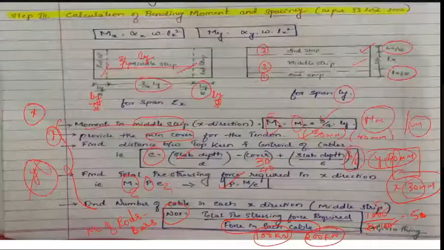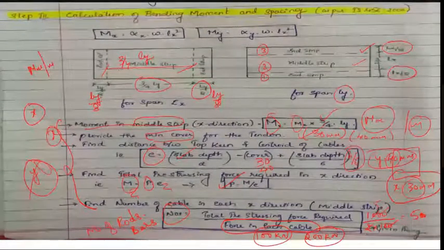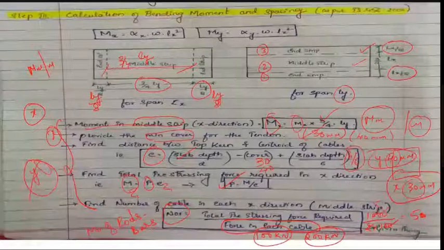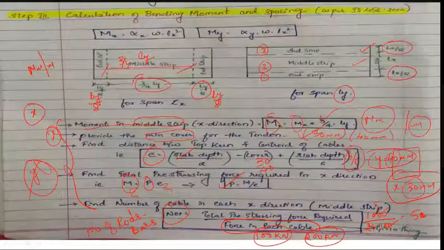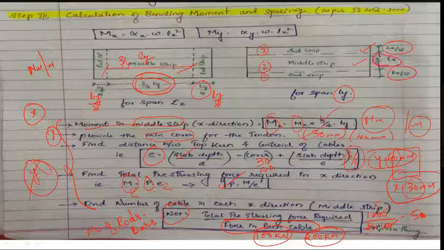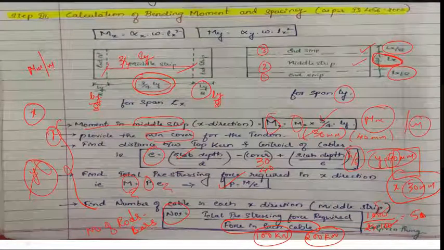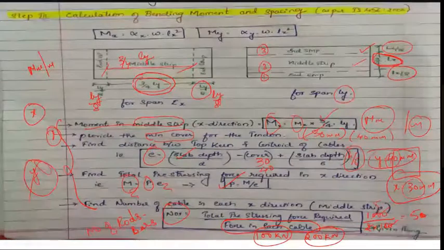Mx per meter I have got, but I need to determine the moment in the middle strip. What I will do is multiply with 3/4 of Ly. Just remember, when you go for y direction, you should multiply 3/4 of Lx. We have calculated moment per meter, but I need moment in the middle strip, so just multiply by the length of the middle strip.